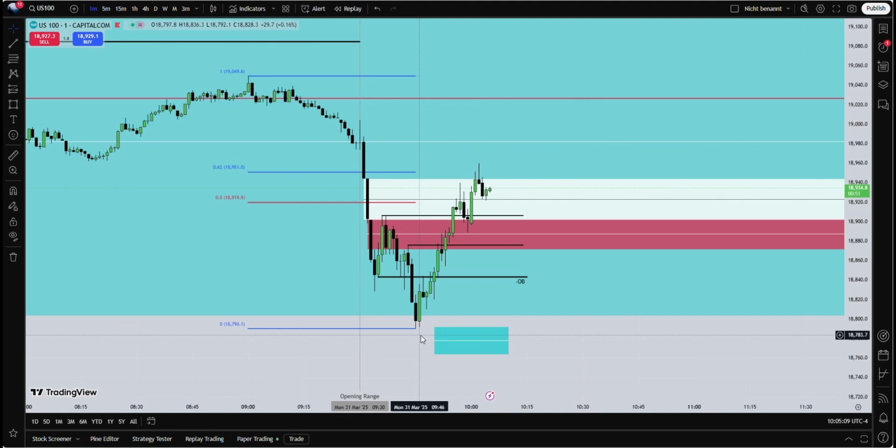I swear to God, I don't like it as well, but we're all humans, so I also have a personal life. I wasn't home at that time, and that's why I had to record the trade on my phone. But I think you guys can read the price action also on my phone.